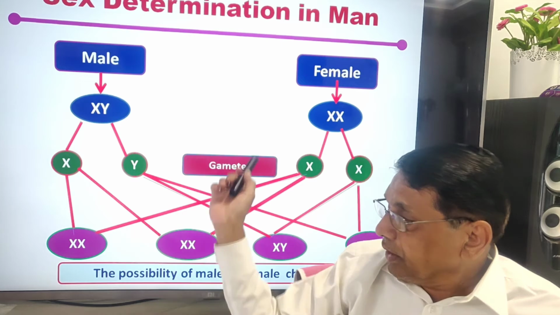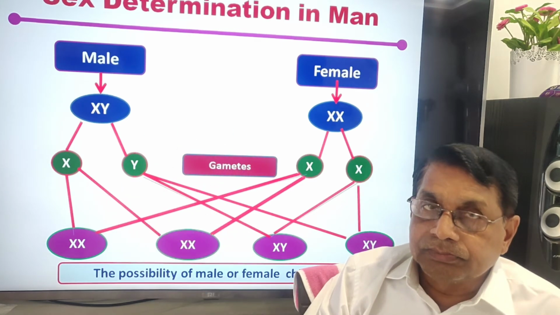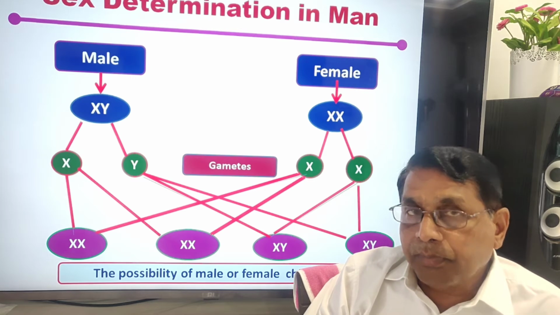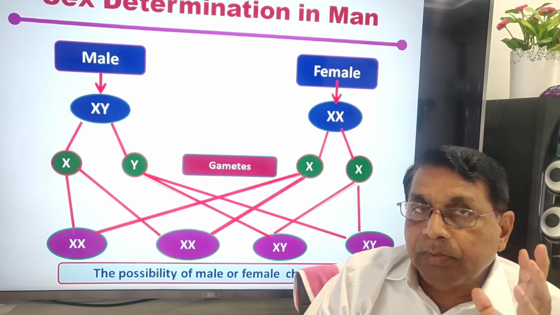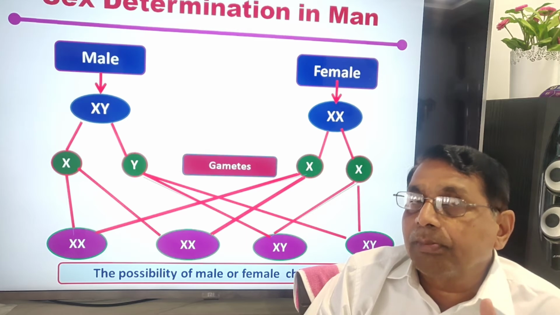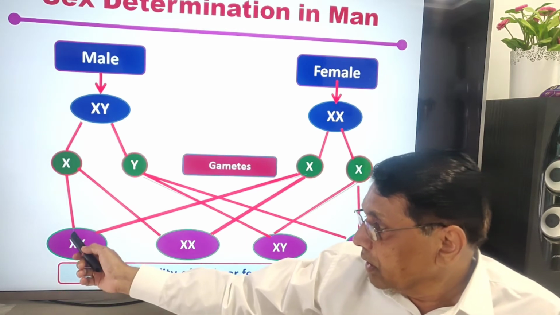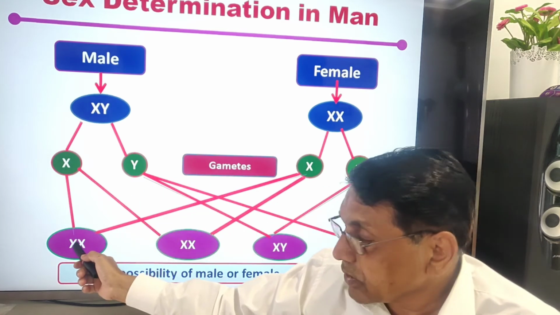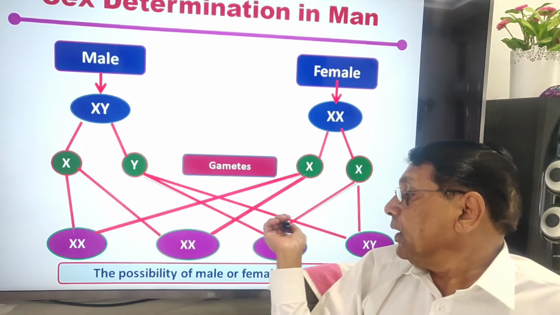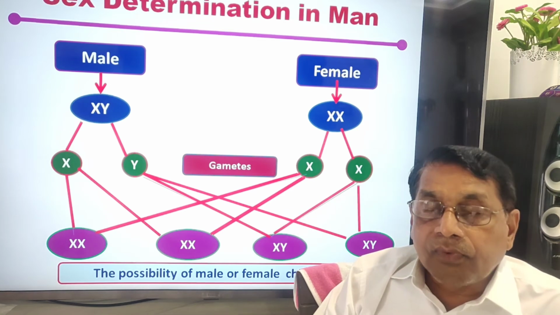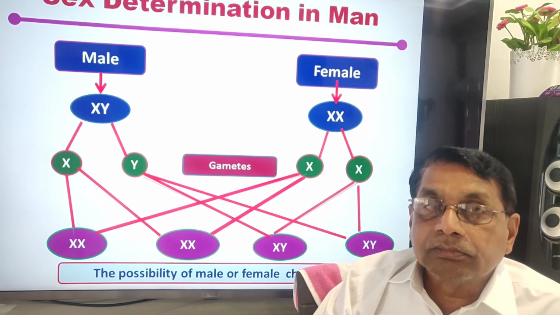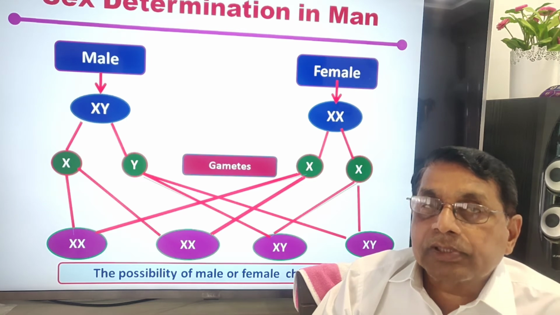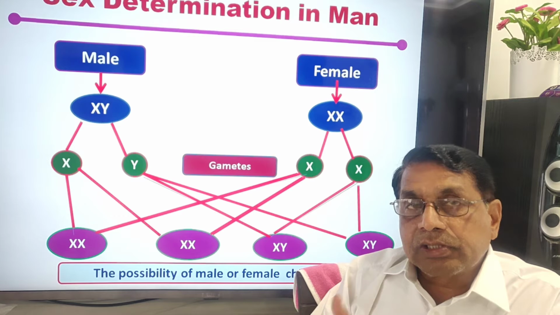So if you take different combinations, any male gamete may fuse with any female gamete. Taking all possible combinations, XX, XX, XY, XY, where XX is female and XY is male. Therefore, in the offspring, statistically speaking, 50% male children, 50% female children.